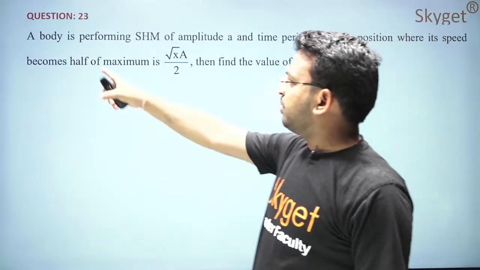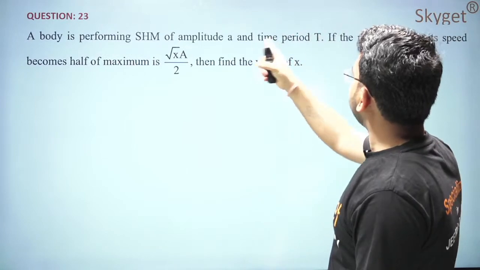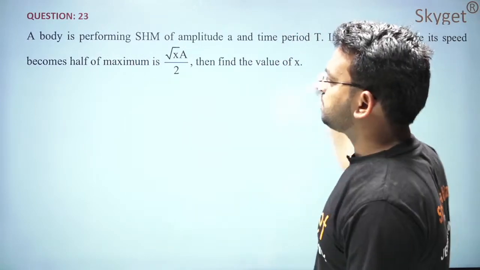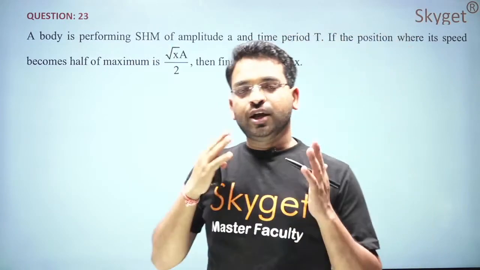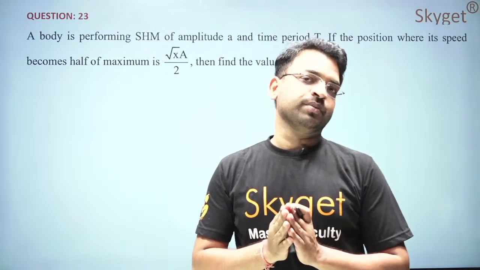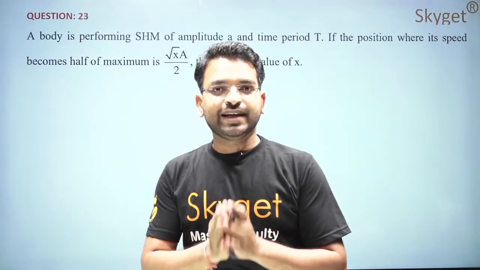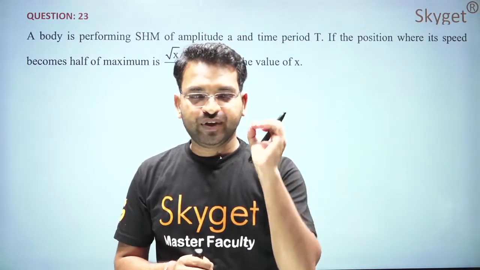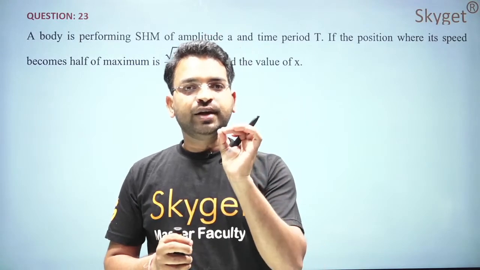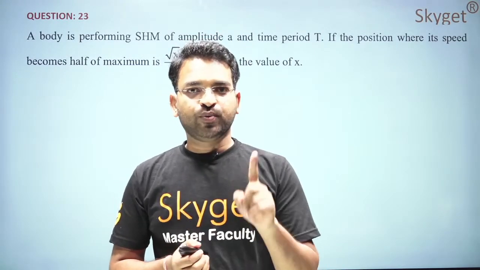A body is performing SHM of amplitude A and time period t. If the position where its speed becomes half of the maximum is this value, then find the value of x. If you remember, what is the equation for SHM? The equation for SHM is x equal to A sine omega t, if I assume the phase to be 0. That is one equation.